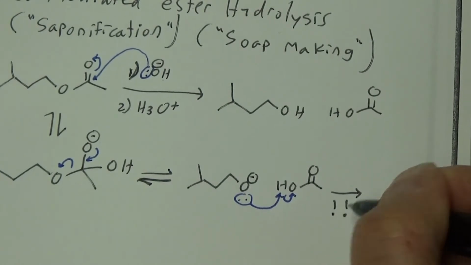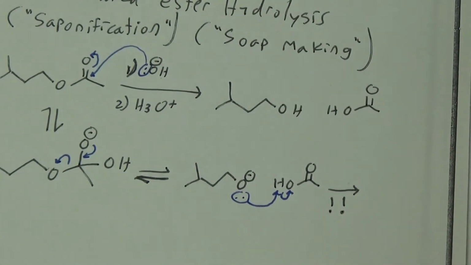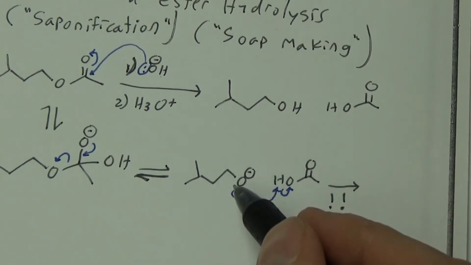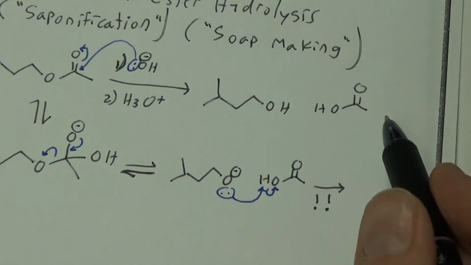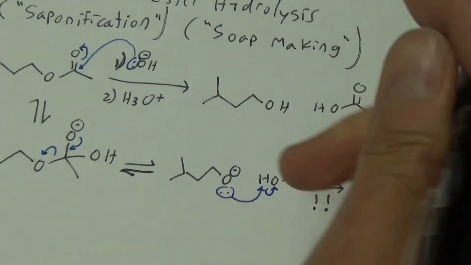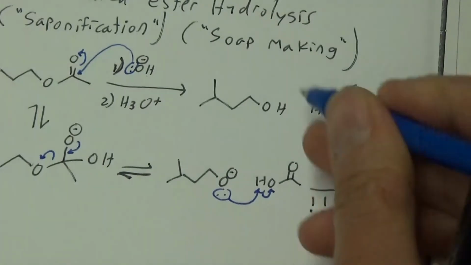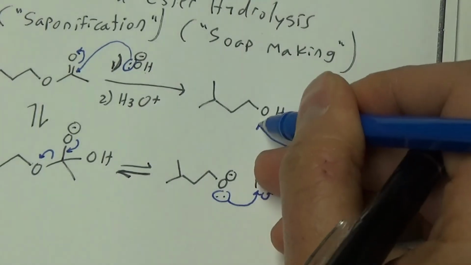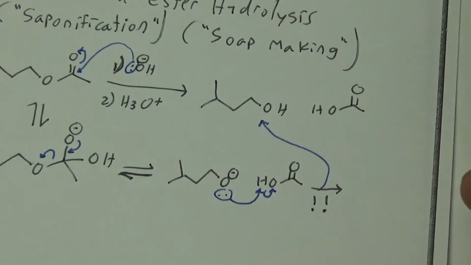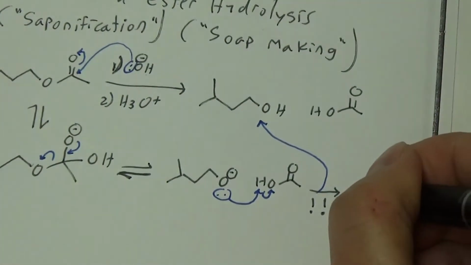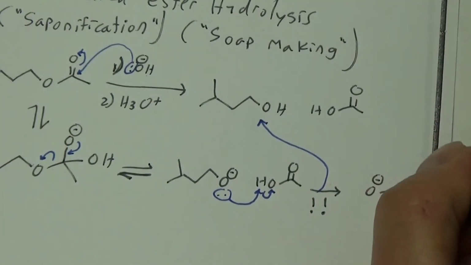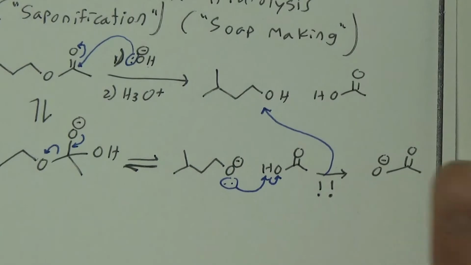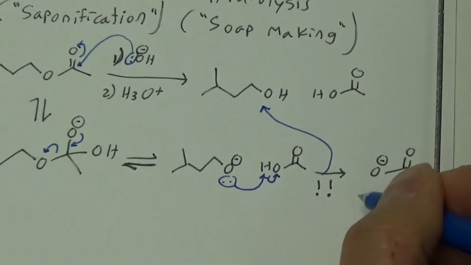It's a pretty strongly irreversible reaction. And that makes the alcohol, and it does not make the product quite yet, but one of the things it makes is the alcohol, right? So it makes this. And then it makes this thing, which we call the carboxylate, right? Carboxylate.